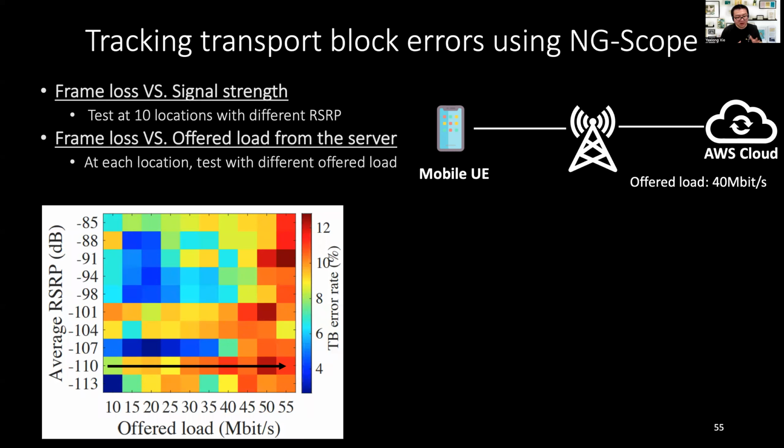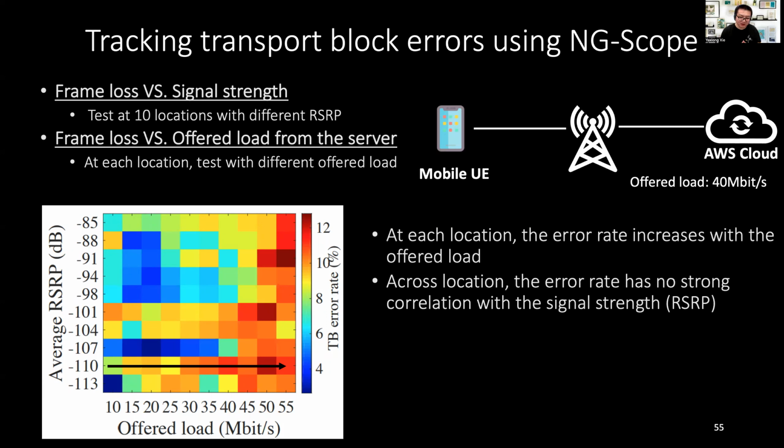For this result, the x-axis is the overload and the y-axis is the signal strength. The color means the error rate. The red color means a higher transport block error rate. We can observe from this figure that at each location, if we have higher overload, or higher transmission speed, we have a higher transmission error rate.